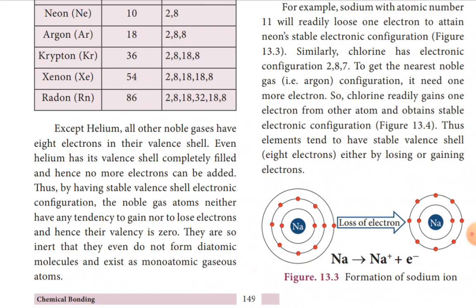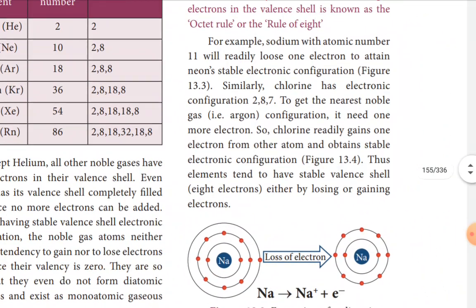They are so inert that they do not even form diatomic molecules and exist as monatomic gaseous atoms. How inert? Even they do not combine with one another to form a diatomic molecule. Such an inactive, such a stable configuration for the noble gases.